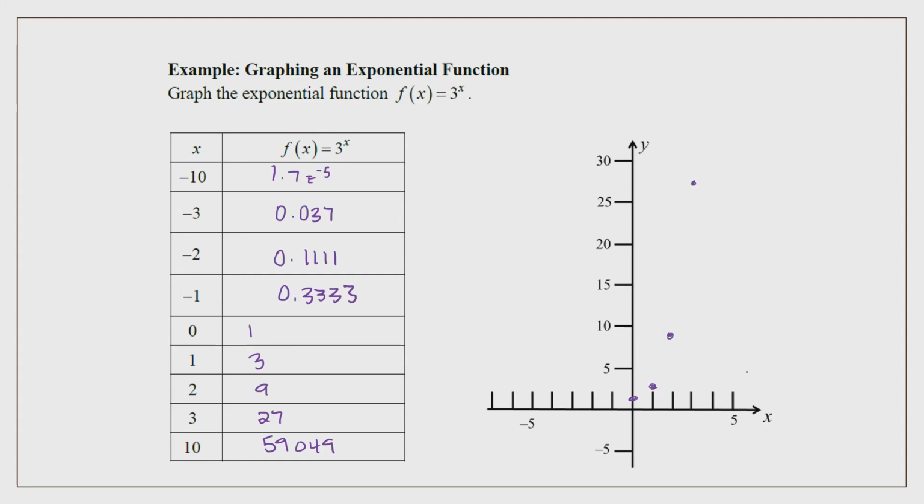And then 10 is not even on my screen, so that's okay. Everything else is much, much smaller, so it's just going to get closer and closer to 0 as we go. Then we can connect the dots.